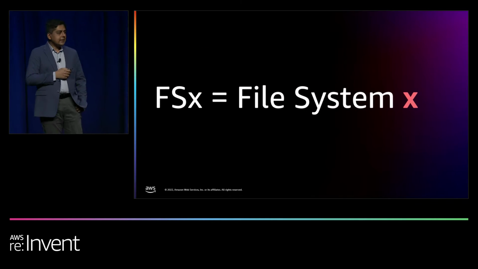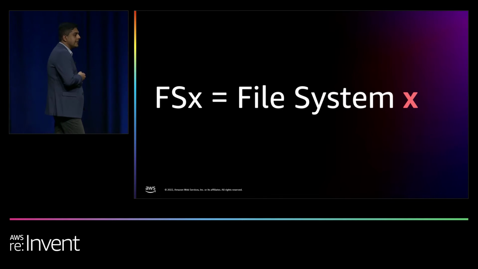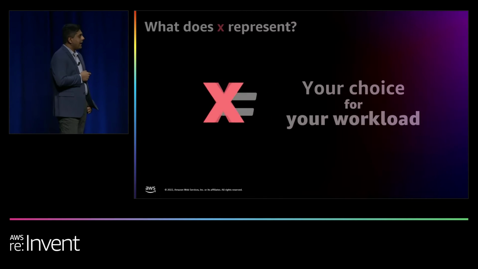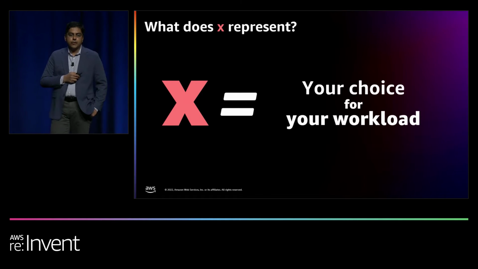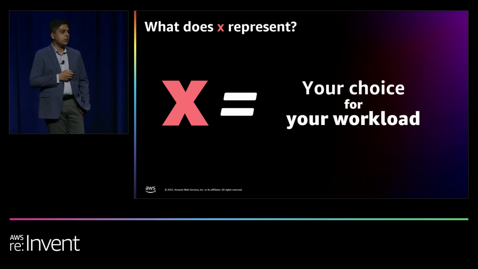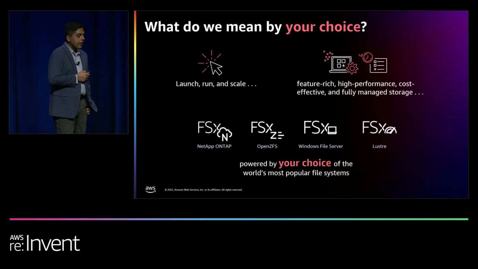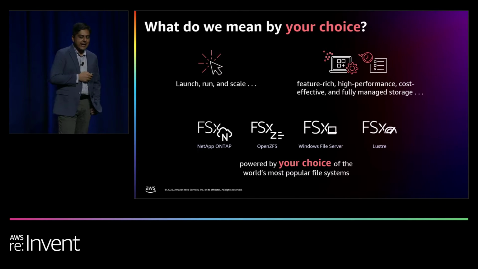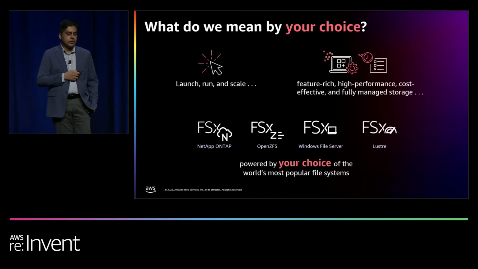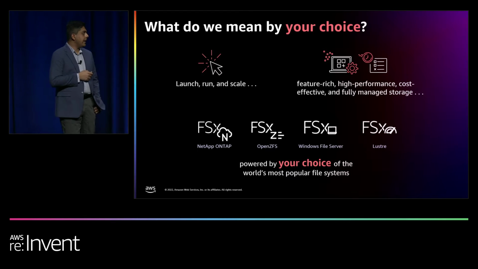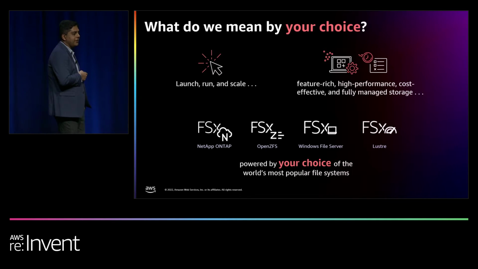So enter FSx, the service family we introduced a couple of years back. It stands for File System X. What Amazon FSx does is it offers you the file system of your choice that serves your workload needs. What we mean by your choice is you're able to launch, run, and scale feature-rich, highly performant, cost-effective, and fully managed storage that's powered by your choice of the world's most popular file systems.